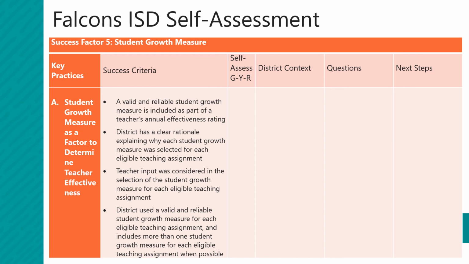Falcons ISD is red because we know that Falcons ISD does not have a student growth measure for all eligible teaching assignments. So using the success criteria, the self-assessment, district context, questions, and next steps, we must determine how we can best support Falcons ISD.